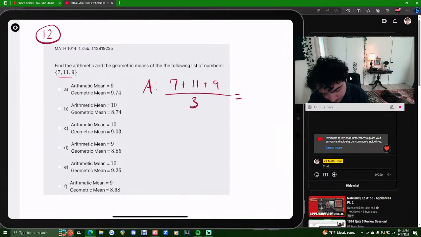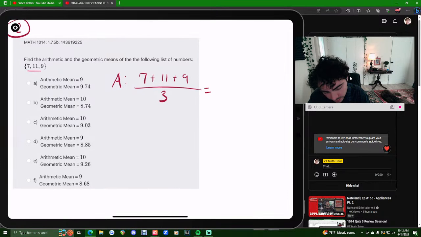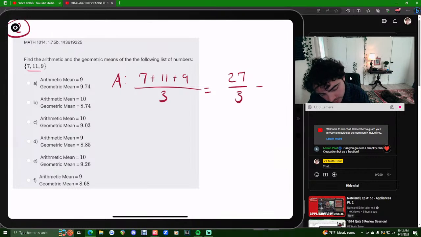So 3. And 7 plus 11 plus 9, that should be 27. Divided by 3, that gives us a nice value of 9. So the arithmetic mean should be 9. With that, we can eliminate a handful of answers.